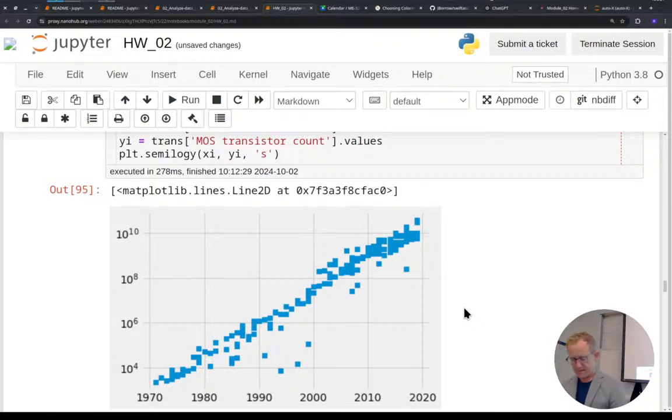On a log scale, if I squint hard enough and ignore some stuff, it looks like a straight line.